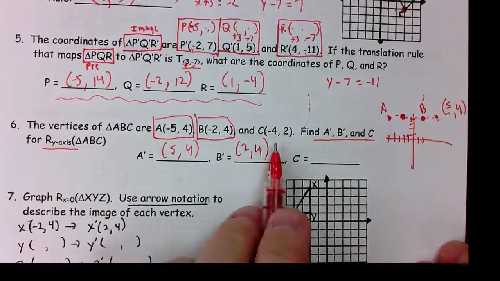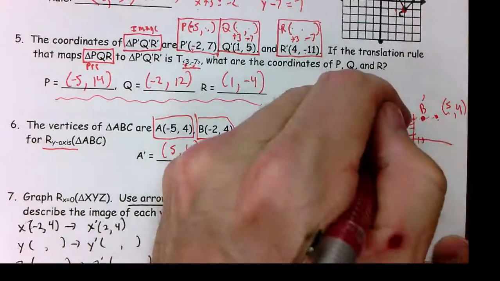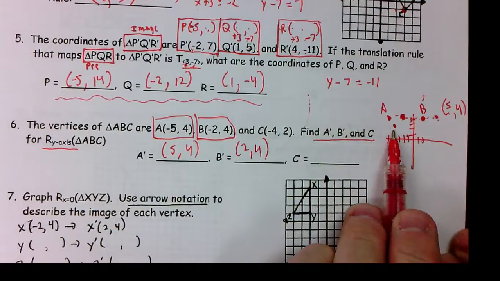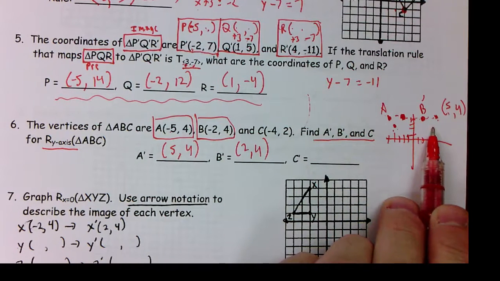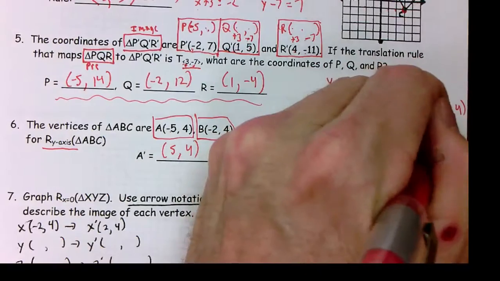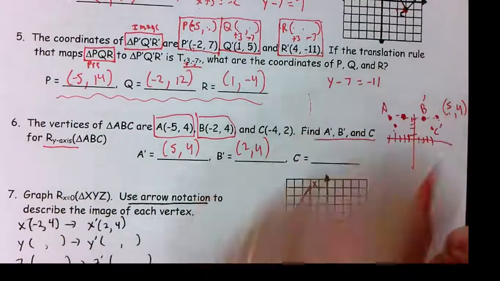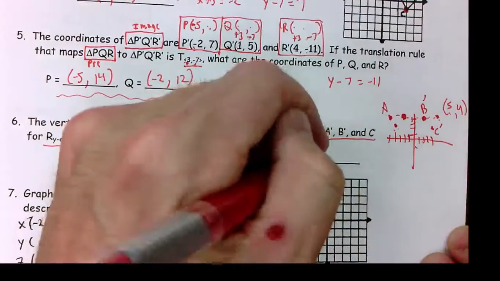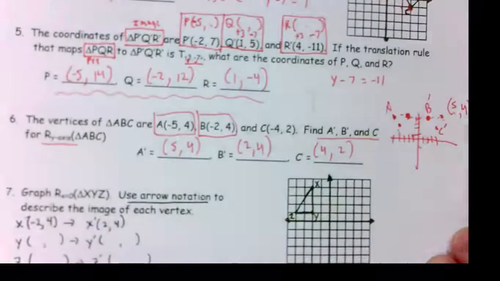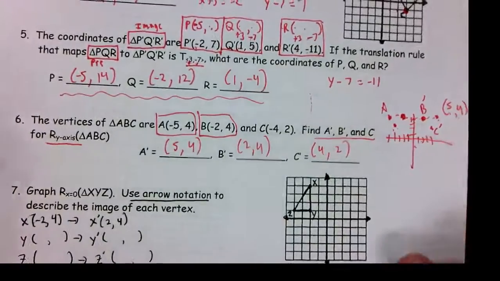And last up, we have negative 4, 2. That's like right there. So 4 spots to the y-axis, 4 spots to the other side, and I would be like right there. And that would be the ordered pair 4, 2. And we're done with that one.